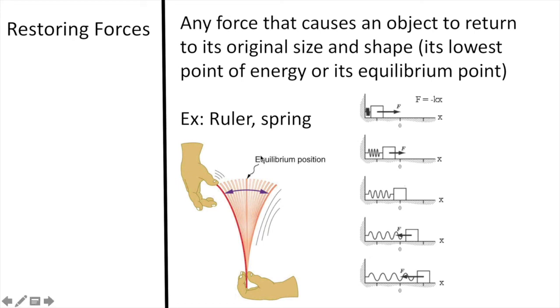So for example, we have a ruler, and when a ruler is in its normal state of stillness, we know that its rest state is right here, perpendicular to the surface of the ground if it is held up straight. If you were to pull the ruler in either direction and let it go, that force which pulls it back to its center is known as its restoring force.